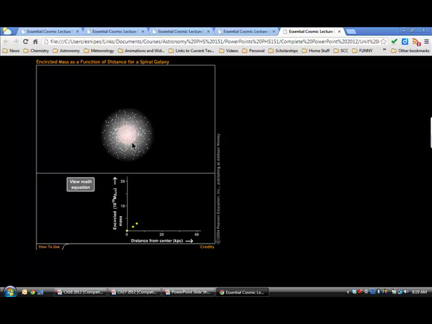Okay, this is how much mass is encompassed within the radius of that star. Let me make my circles larger. Okay, so in other words, I'm getting out here to the edge of the disk of these stars, and I'm still going up with regard to the matter that's contained by that radius.